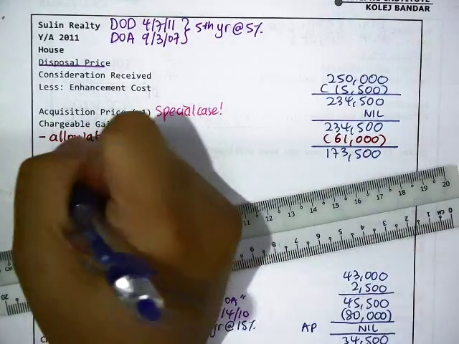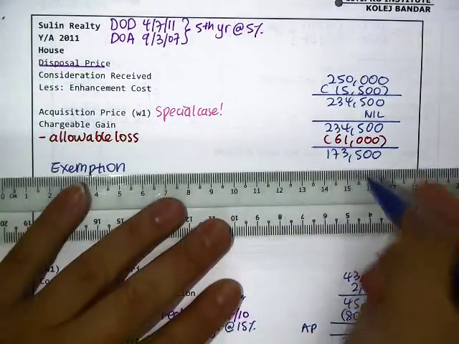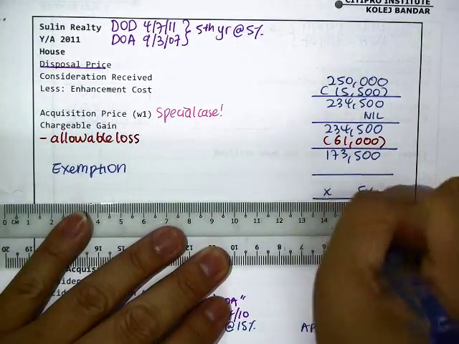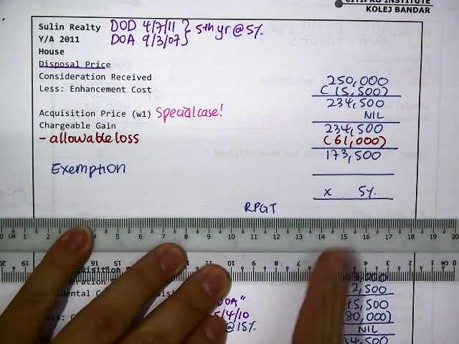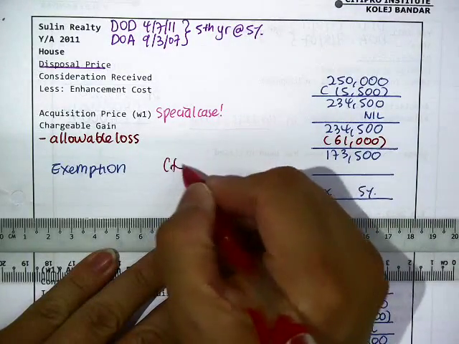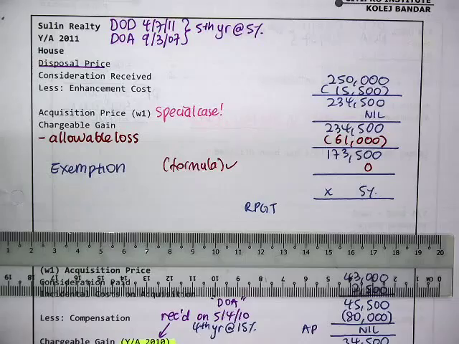Okay, but there's one thing you adjust here, which is your allowable loss. Because just now remember I've told you in Y 2011 you dispose of a shop and you've made a loss. No doubt the date of disposal is later, but it's in the same year.